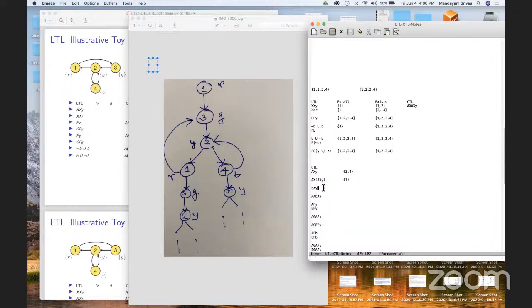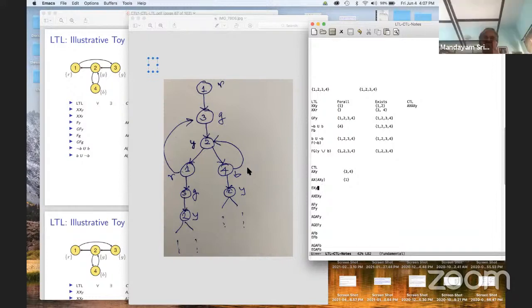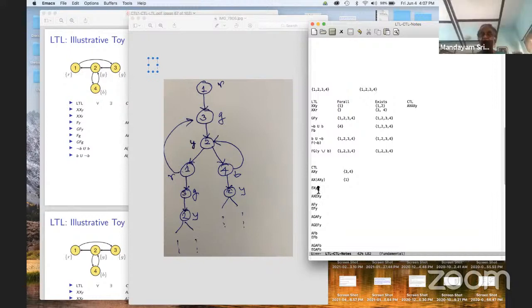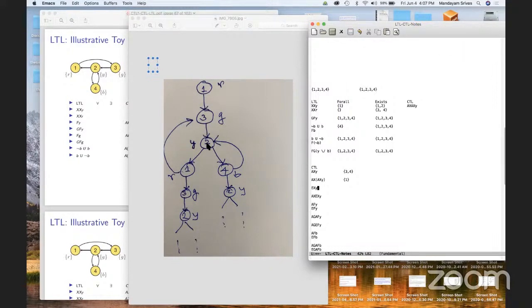Why? Give me an explanation too so that we'll understand. For EX of Y, there must exist those states from which there exists a path in which X of Y holds, so in the next state, Y should hold.